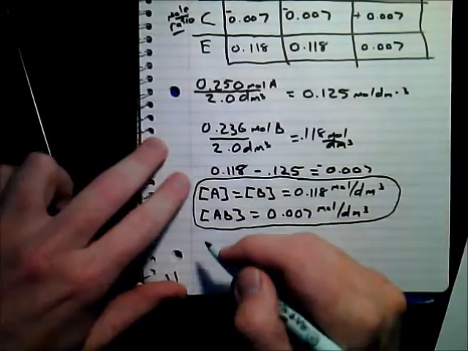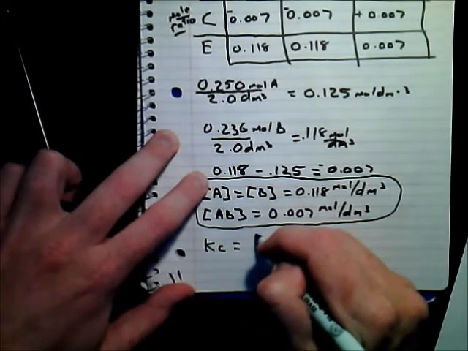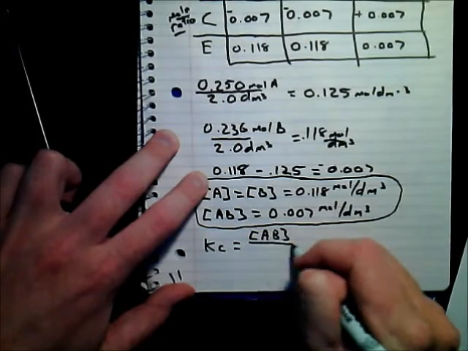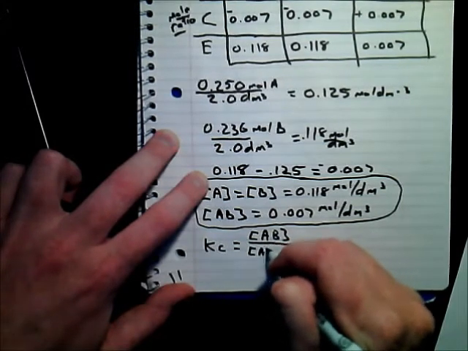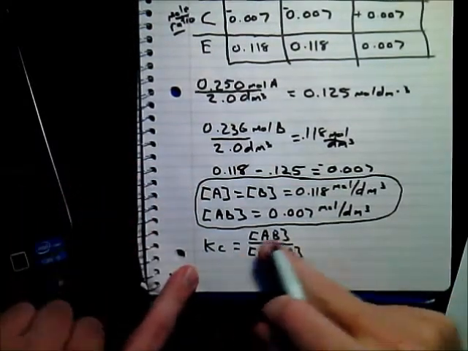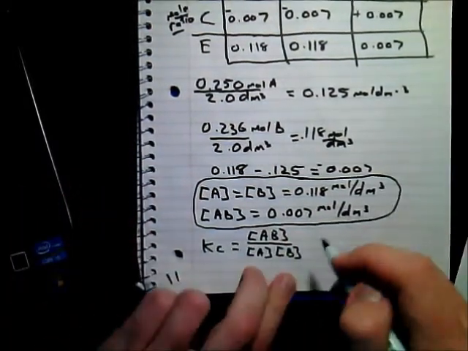The last part here is to calculate Kc. So again, hopefully we remember how we're going to do this. Now that we have these equilibrium concentrations, I'm going to write my equilibrium expression, products over reactants. There's no coefficients, so we don't have to worry about any powers.